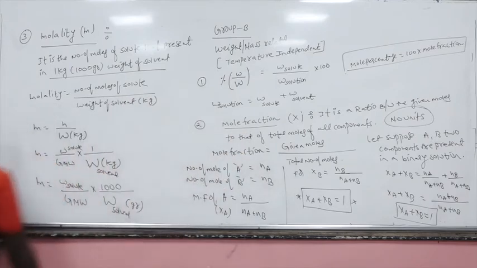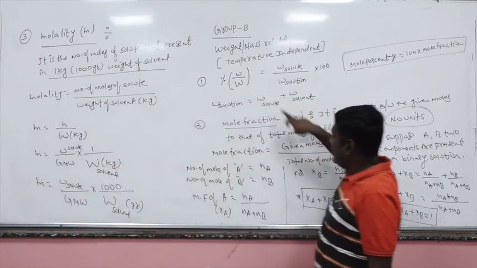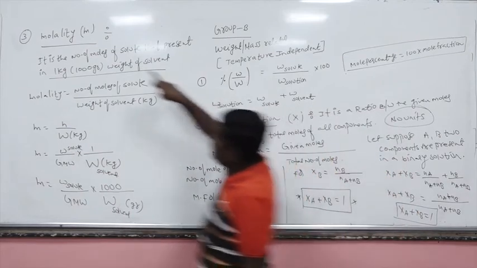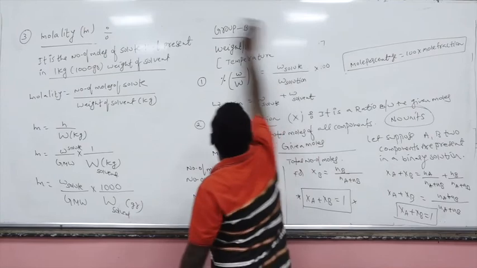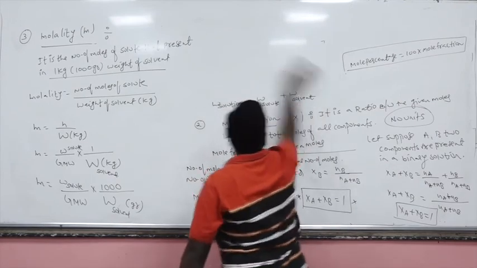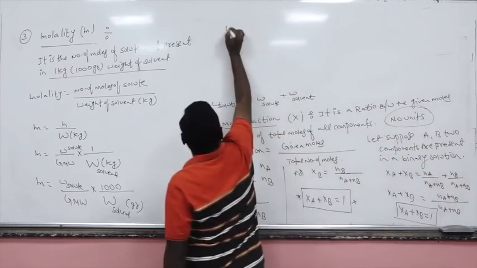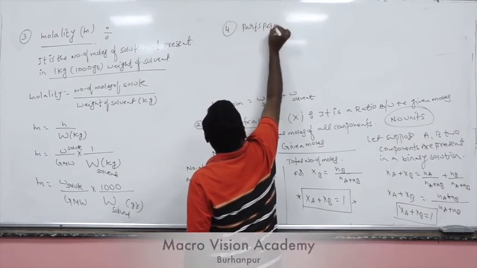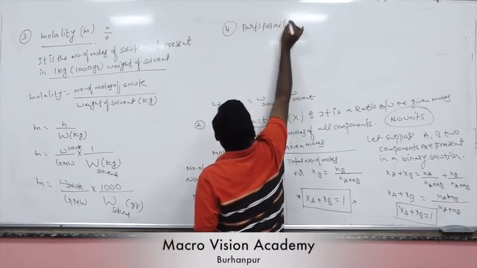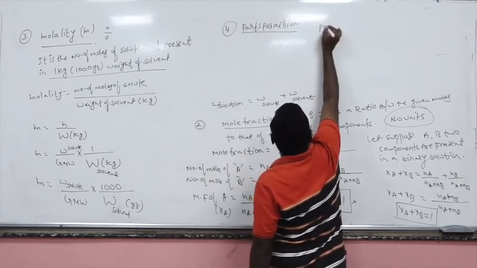And one more important concentration term is there. First one mass percentage, second one mole fraction, third one molality. And the fourth one is parts per million, with the short notation ppm.